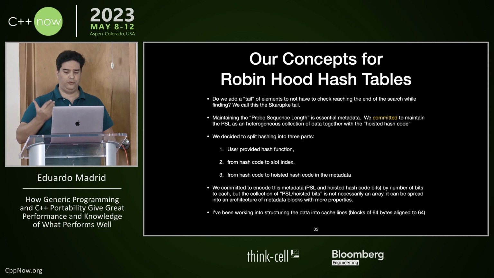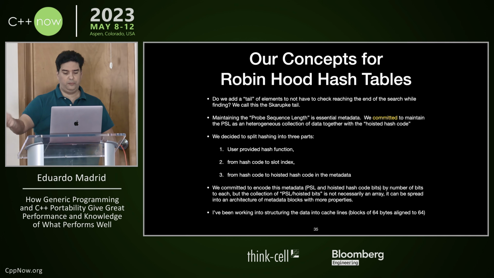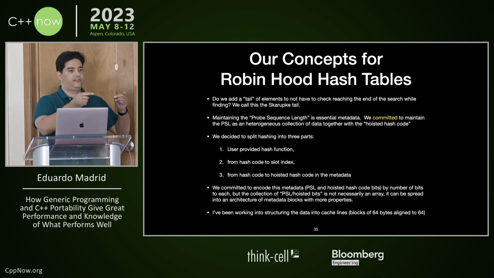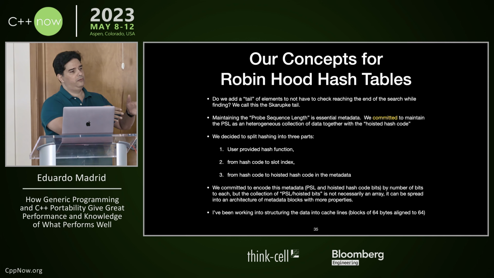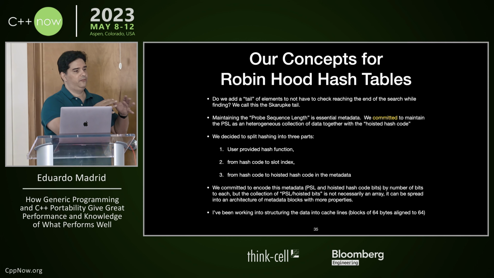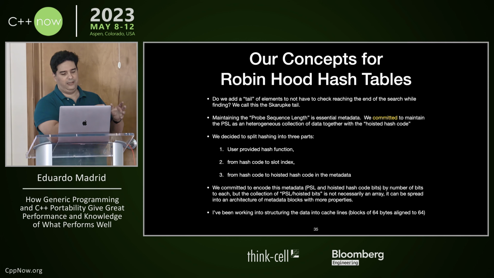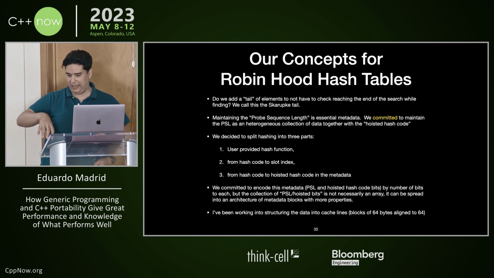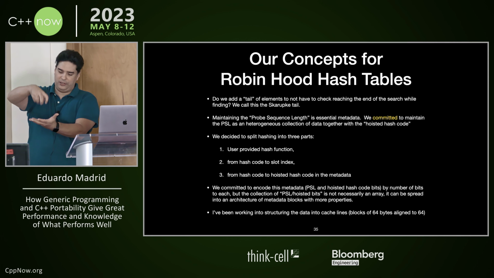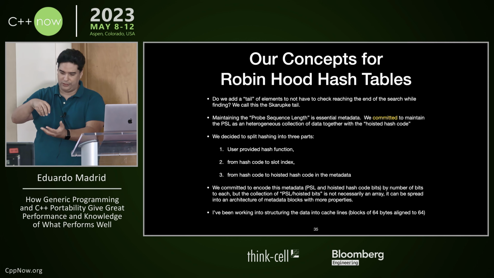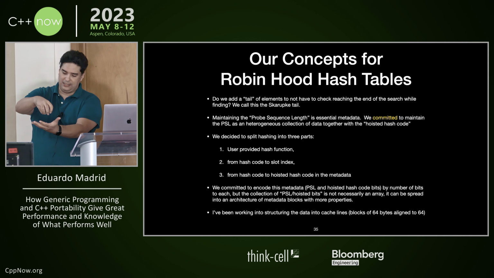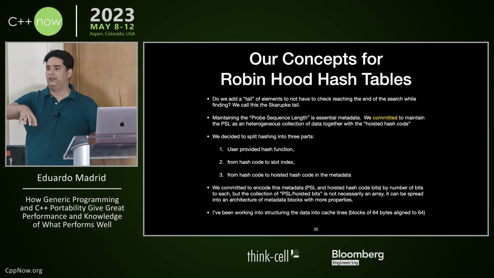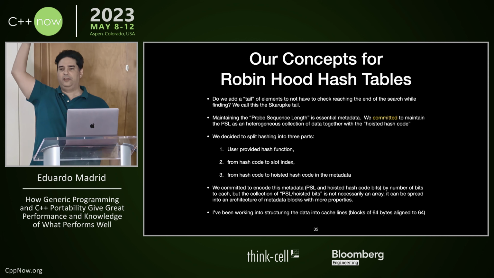We split hashing into 3 parts. The user-provided hash function, of course. Then from the hash code to the slot index is its own way of doing it. It's not fixed. You can do this in a multiplicity of ways. And the way that you're going to do a selection of the user-provided hash function's generated bits, how are you going to pick them up to make a representative and hoist them to the metadata?